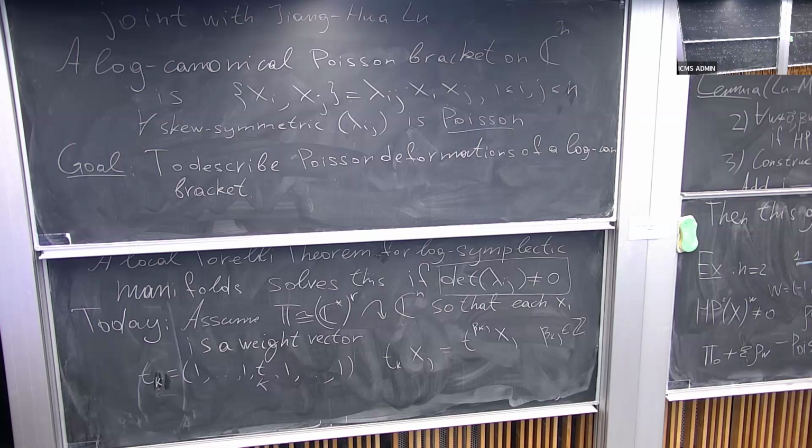So when I'm only talking about one edge, the first order deformation is actually an honest Poisson deformation, so I don't need any epsilon squared term. That's an easy exercise.